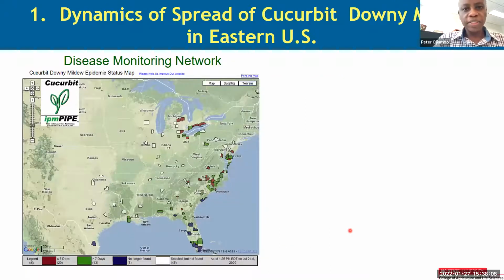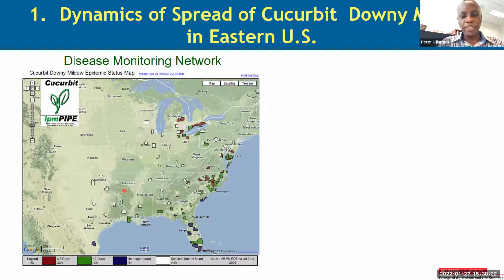So look at the first objective, just looking at the temporal dynamics in time and space. As I've said before, most of the data set that I've used over the years has come from the disease monitoring network. It's just an example of an epidemic map. This was for 2009 that reports on the disease outbreak, how long ago outbreaks have been reported and in which particular site.